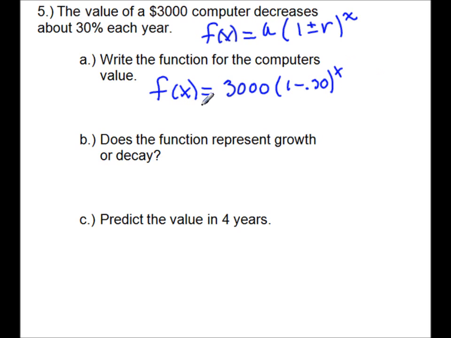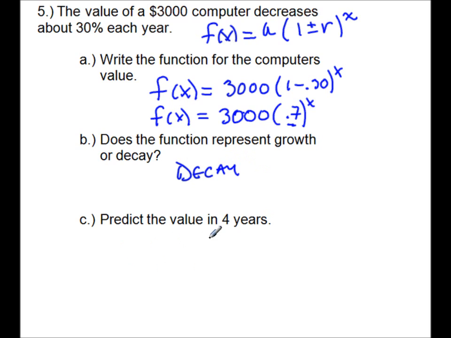And then we can simplify this, and it would be f of x equals 3,000 times 0.7 to the x. So when we look at this, it says, does the function represent growth or decay? Because this number is 0.7, it's decay.